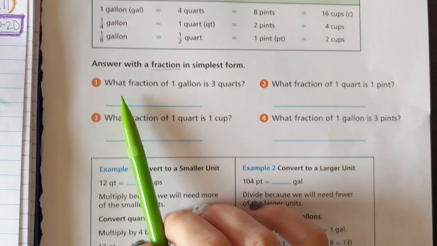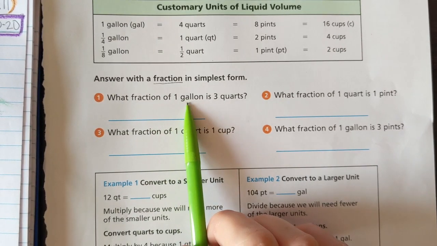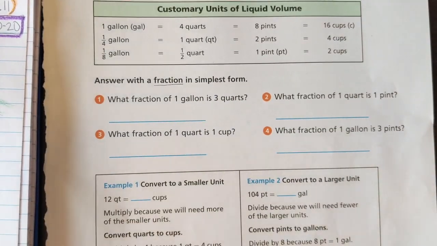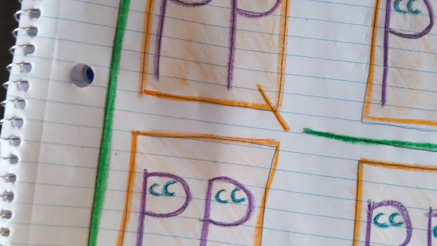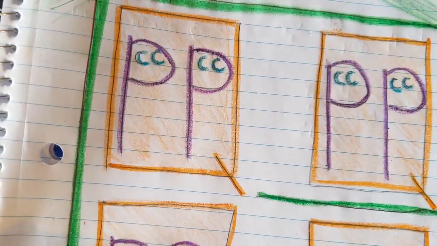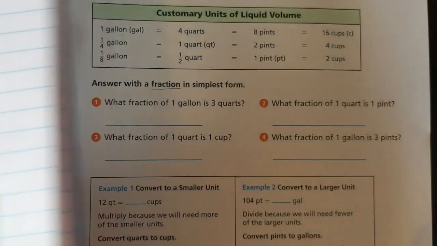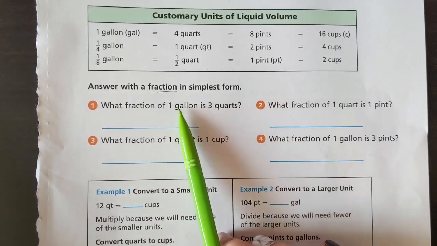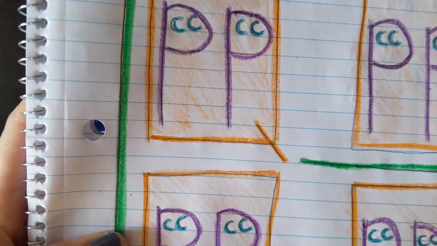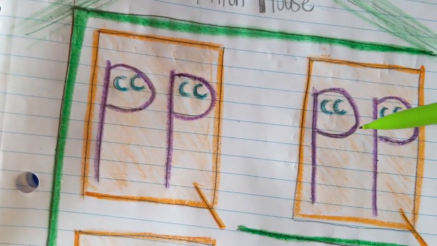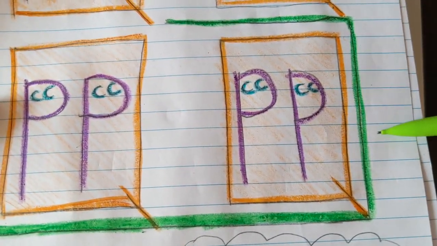Okay, number 1, what fraction of 1 gallon is 3 quarts? So if I look at my gallon house, first of all, I have to figure out what the denominator of the fraction would be. And to find out the denominator, you go with, well, how many quarts make up a full gallon? 1, 2, 3, 4.